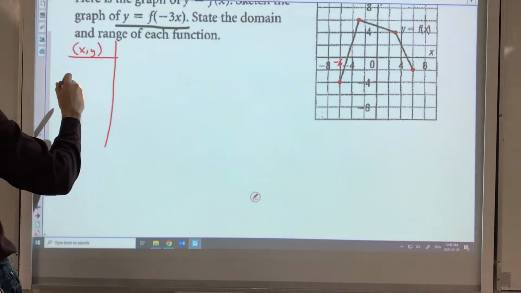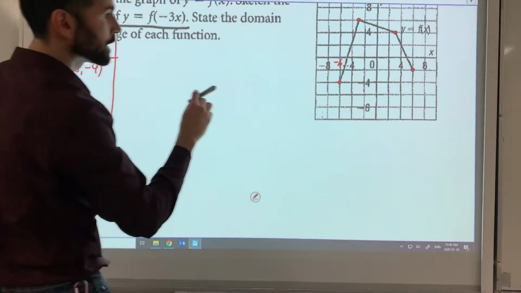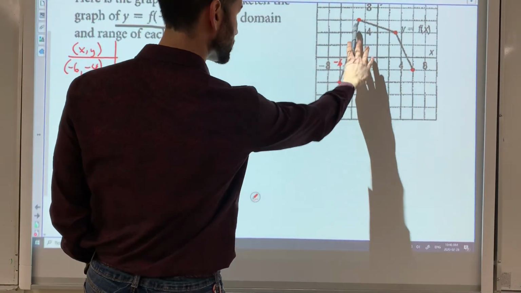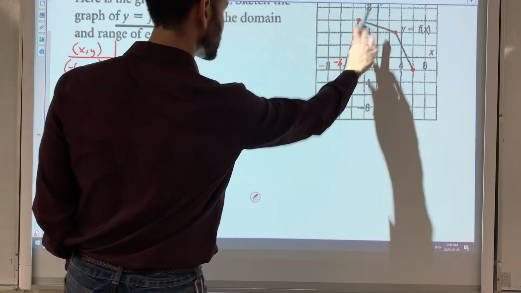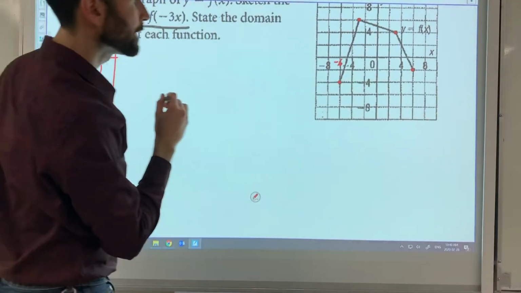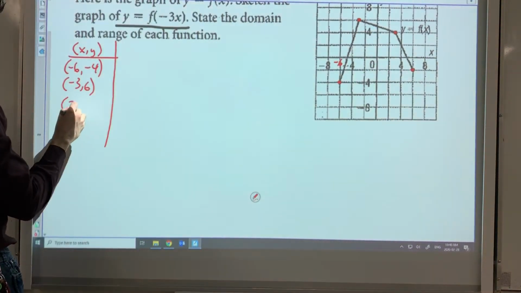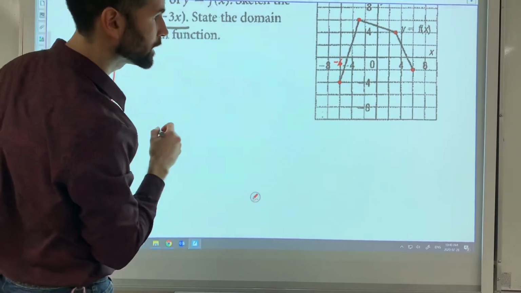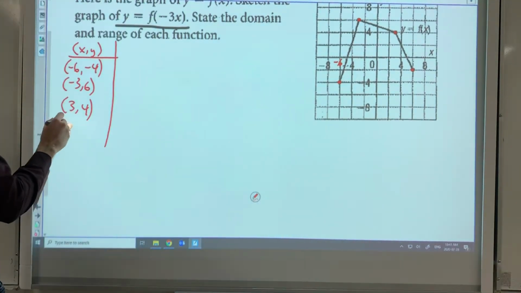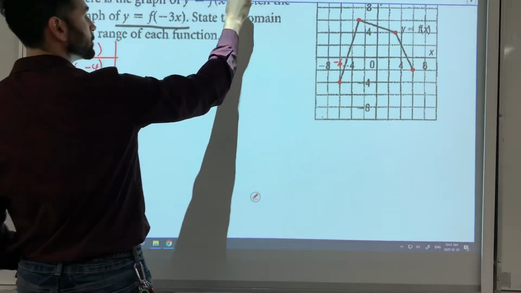So we got -6, -4, and then we got, so this will be 3, -3, 6. And then we got, again, 3, 4. And we got 6, -2. Okay, I'll do it in blue.